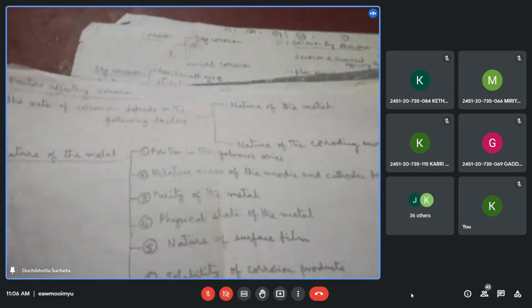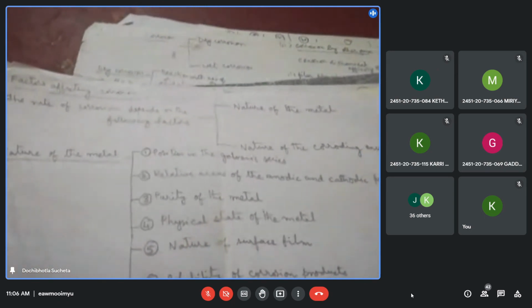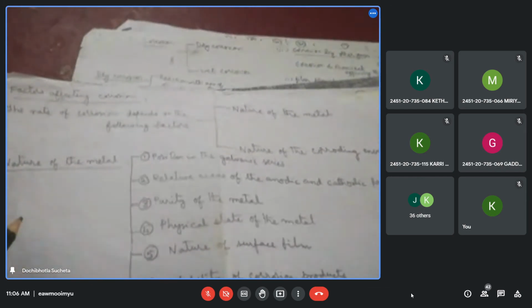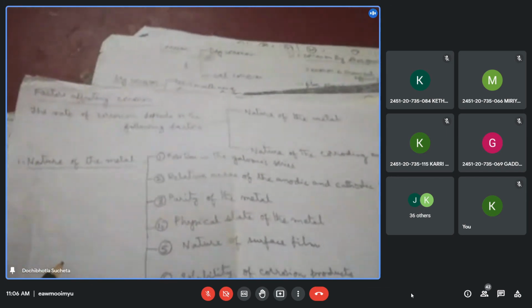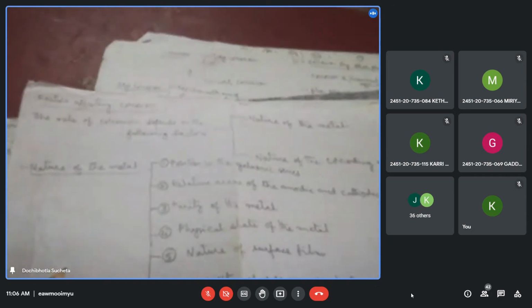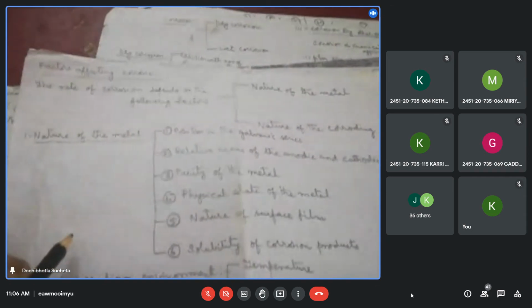Example: aluminium, nickel, chromium, tungsten, etc.